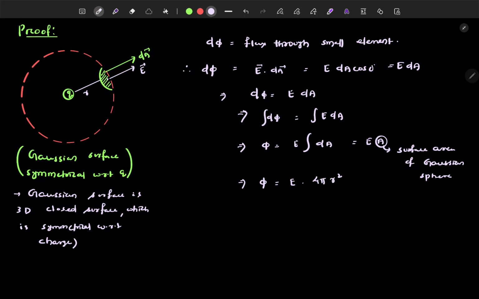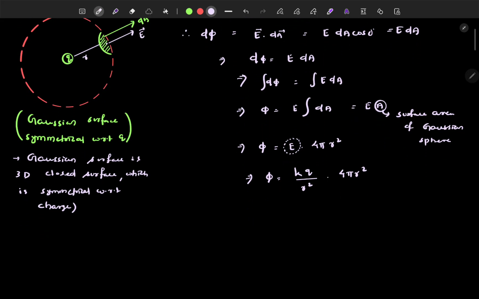Now tell what is the value of E? E is the electric field intensity at a distance r from charge small q. So we can write its value is k q divided by r square into 4 pi small r square.